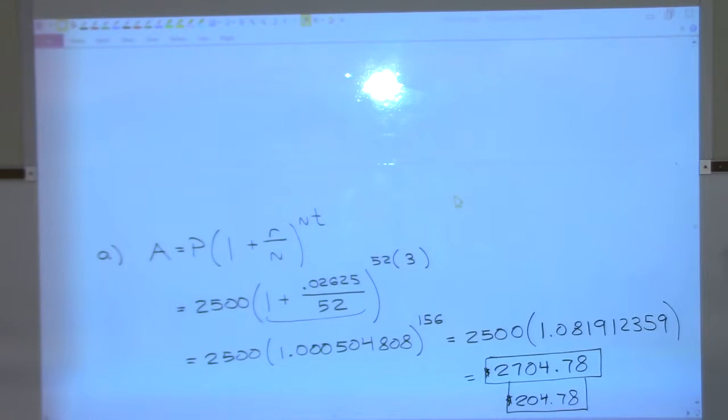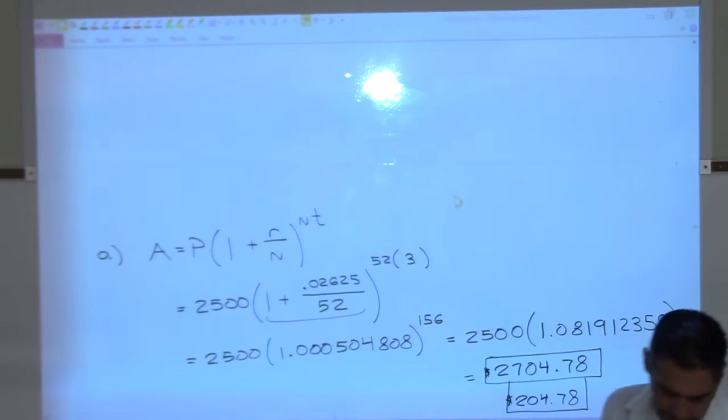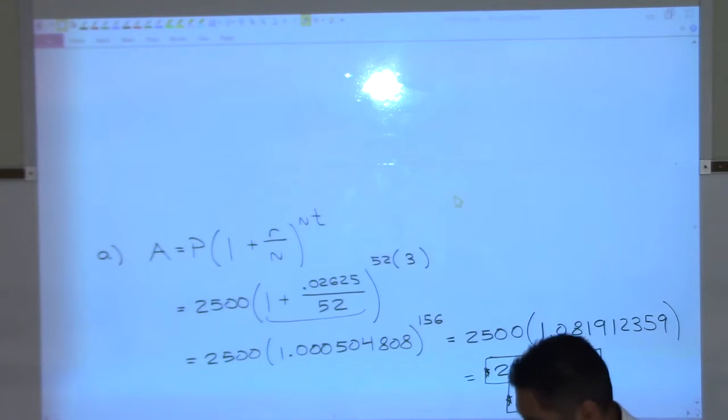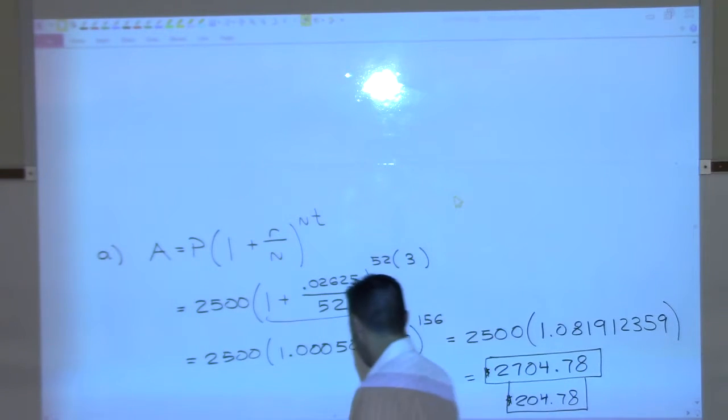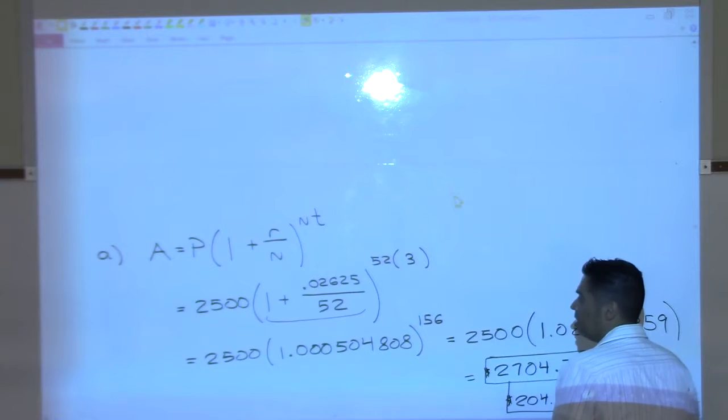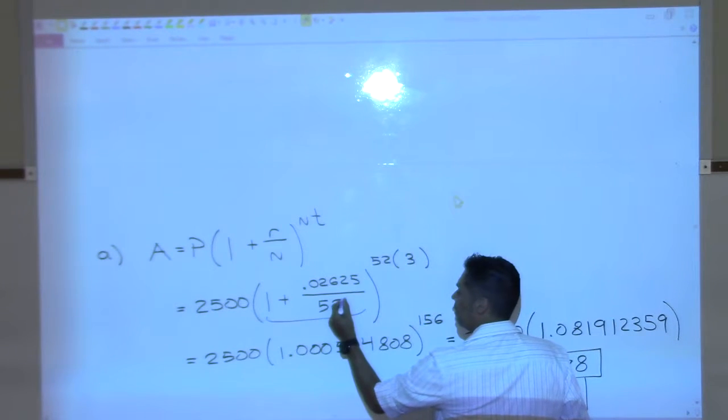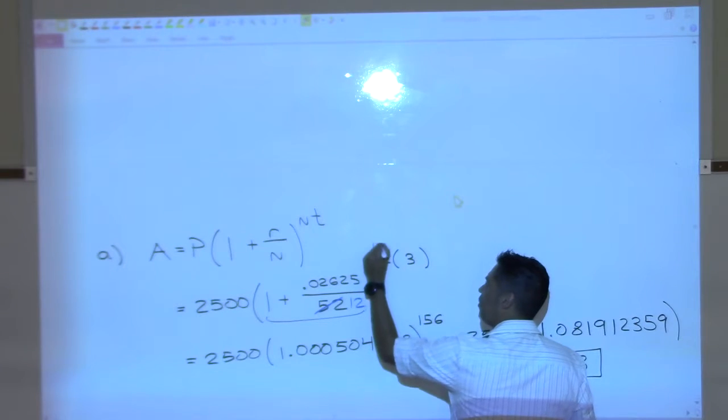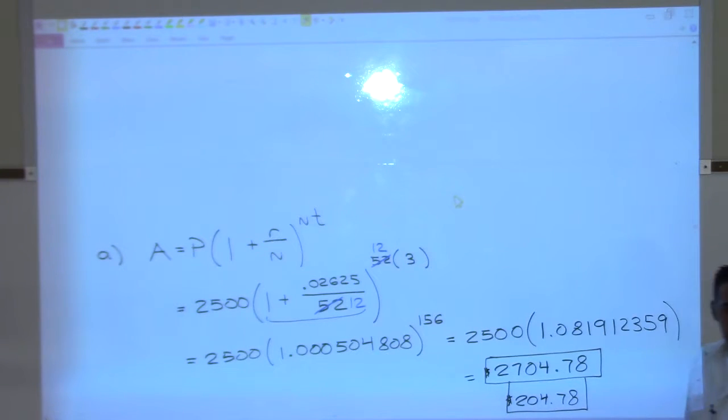So what's the difference between this one and part B? It's compounded monthly in part B, right? So that changes the 52 to 12, and this 52 to 12. And then you redo it the same way. Do you want me to work through that one, or are you okay? Okay.